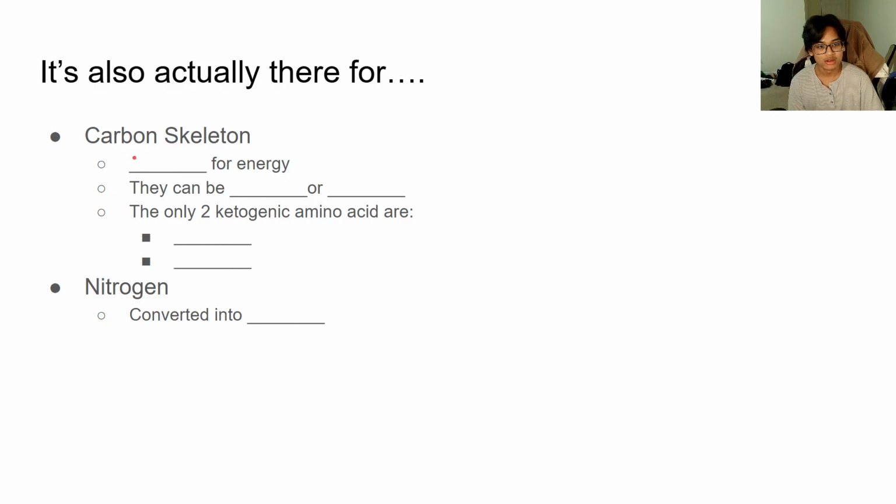So the carbon skeleton is oxidized for energy. Oh my god, I've messed it up. Just pretend that I've written oxidized already. So they can be glucogenic or ketogenic, and you should already know this if you've watched the lecture.